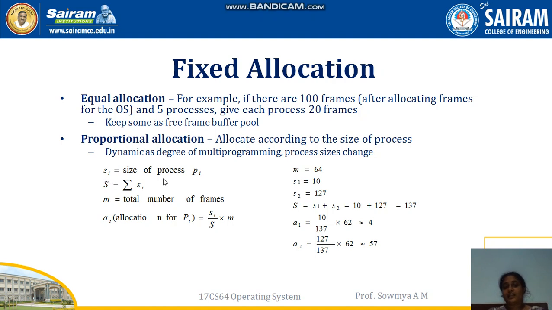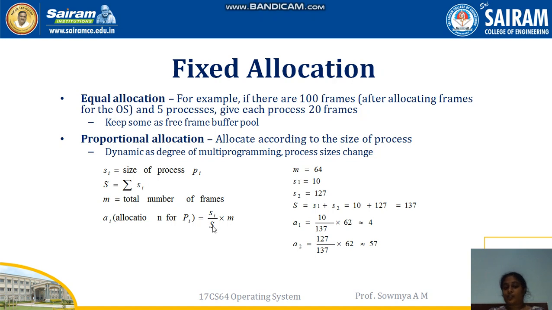So Si is the size of a process Pi. P1's size is 10 and P2's size is 127. M is the total number of frames. First you calculate capital S, the total size: the summation of Si over all processes from 1 to n is capital S, the size of all the processes to be executed.